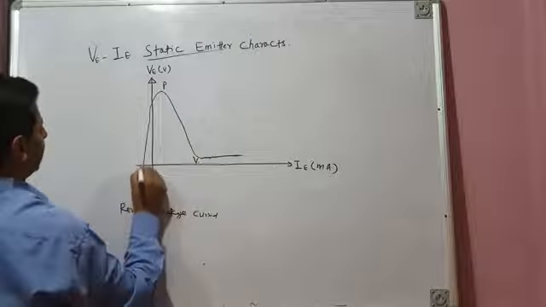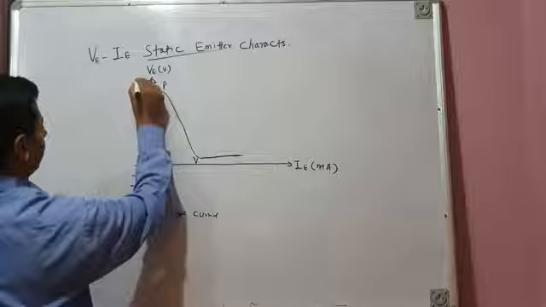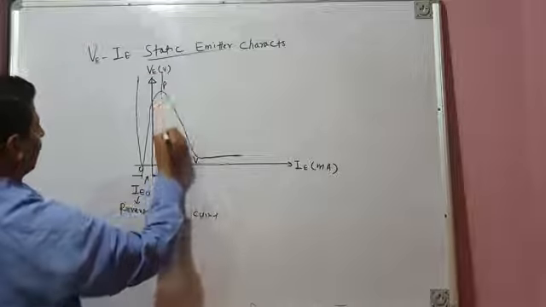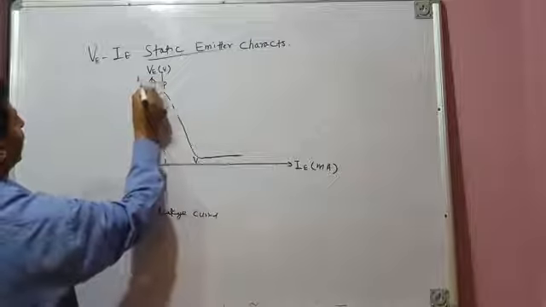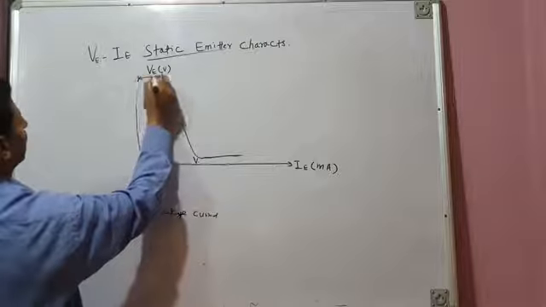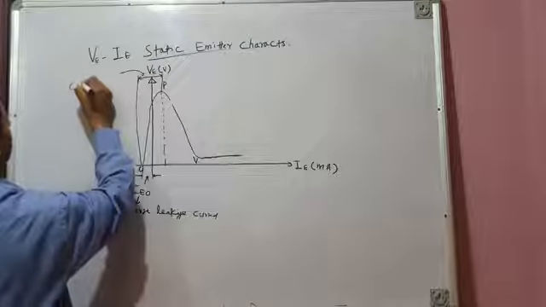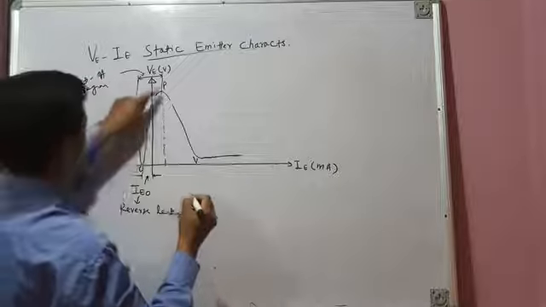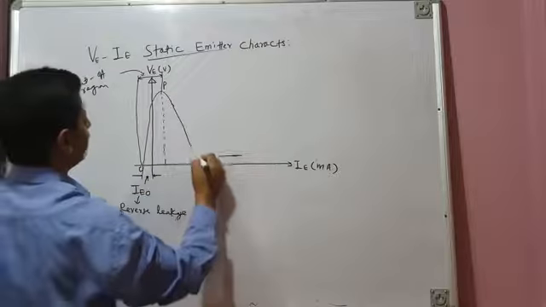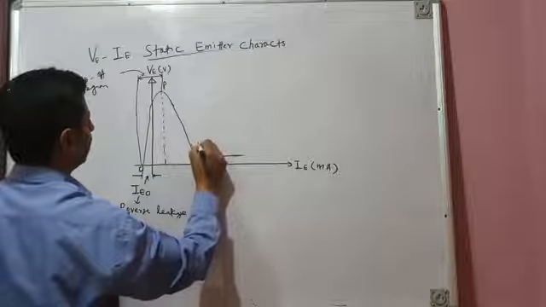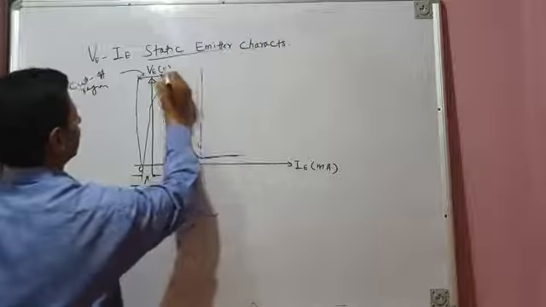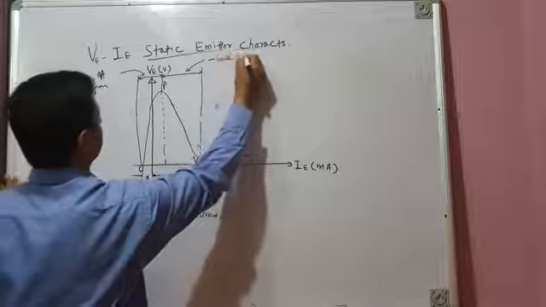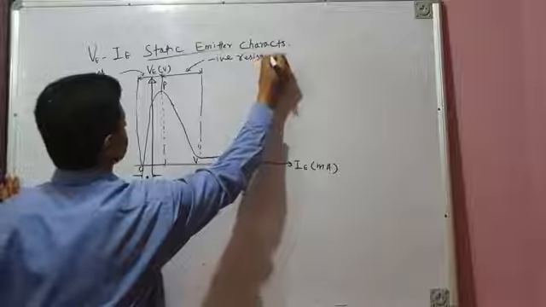Now this area between this and this is called cutoff region. I will show it like this. It is called cutoff region between O and P. The region between P and V, this is your V, this region is negative resistance region.